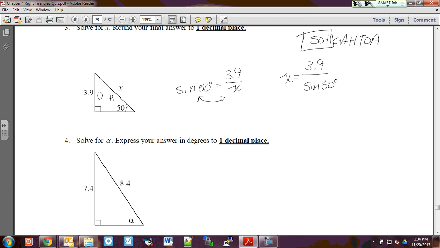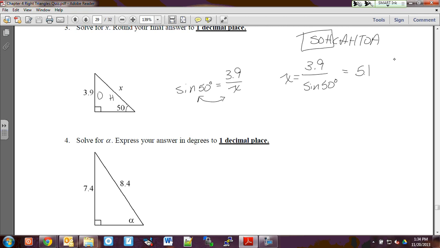Because, of course, if you're in the wrong mode, you will get the wrong answer. So 3.9 divided by the sine of 50, rounded to 1 decimal place, is 5.1.